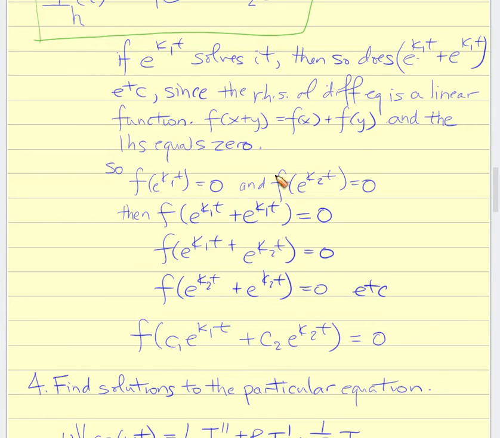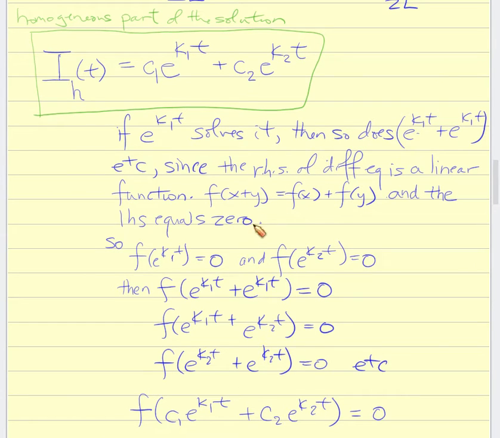Alright, so any multiple of e to the k1t is also a solution, but by the same logic, if e to the k2t is a solution, then we could also add e to the k2t any number of times, and the result of the function would also still be 0, so it would solve the differential equation that we've set up.